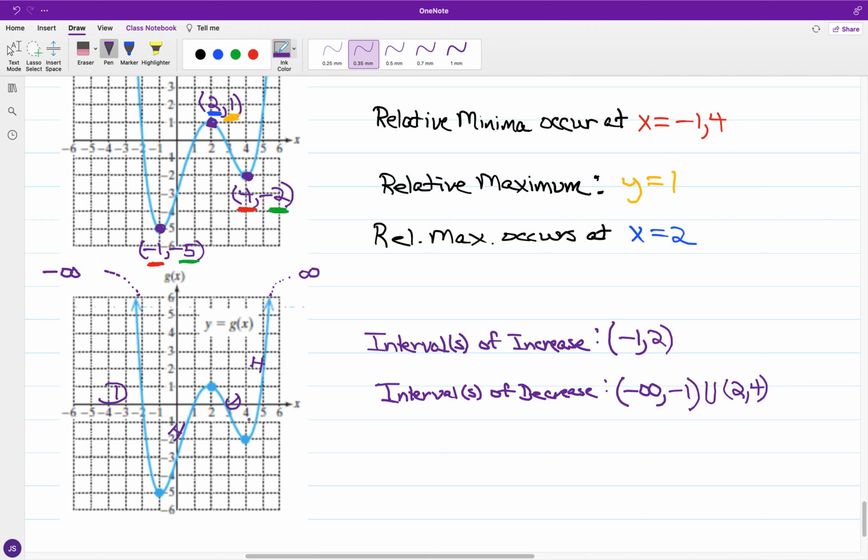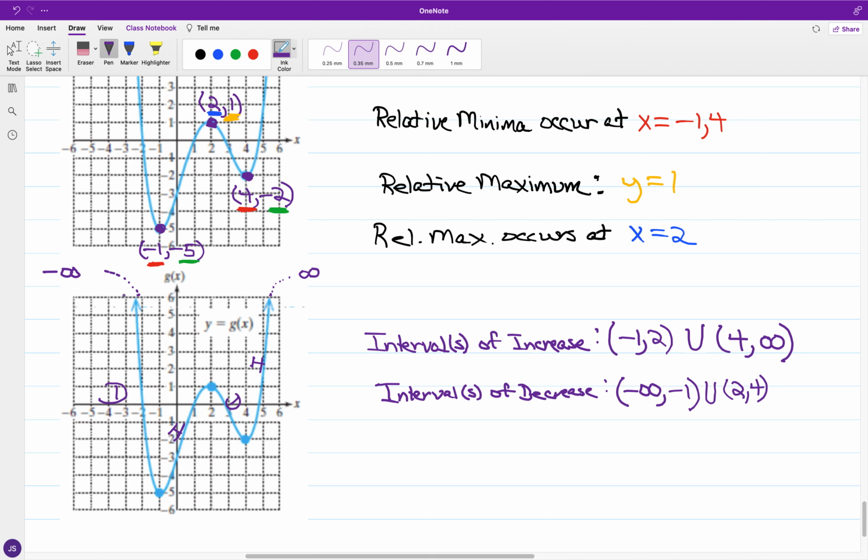Once we get past x equal to 4, we're going to have continuous increase. So for the final interval of increase, we have those values of x greater than 4. For the intervals, you're looking at just what we have along x, no y values in this one.